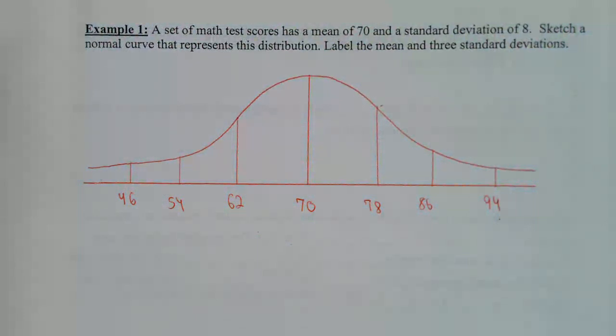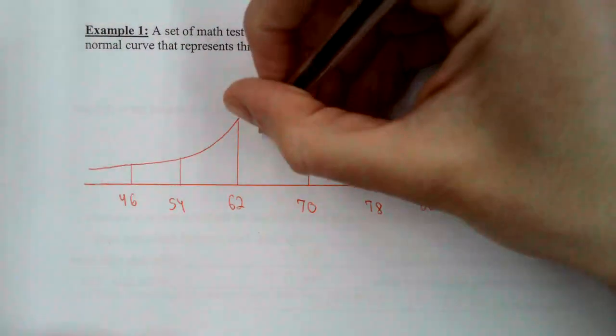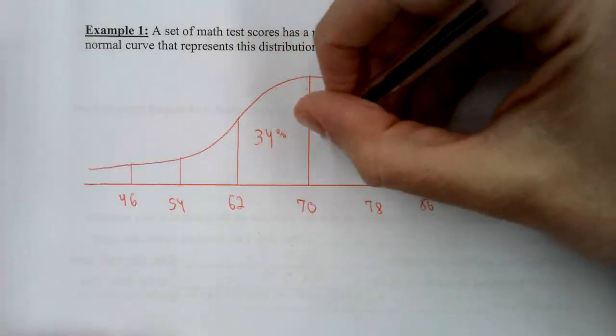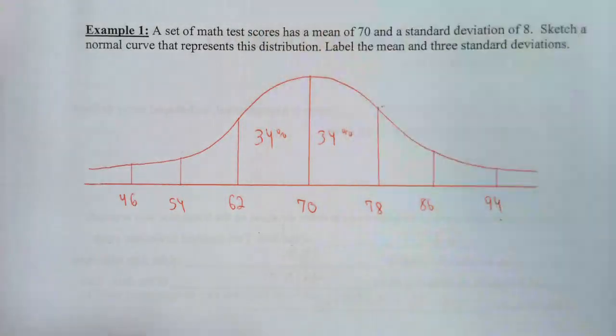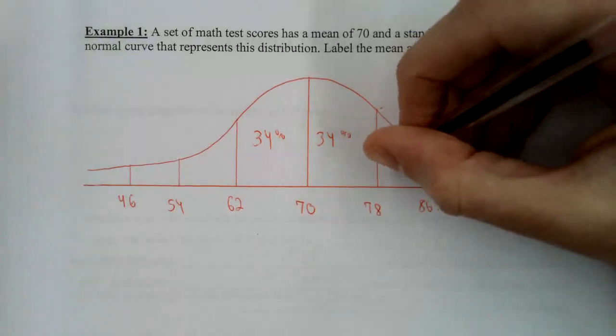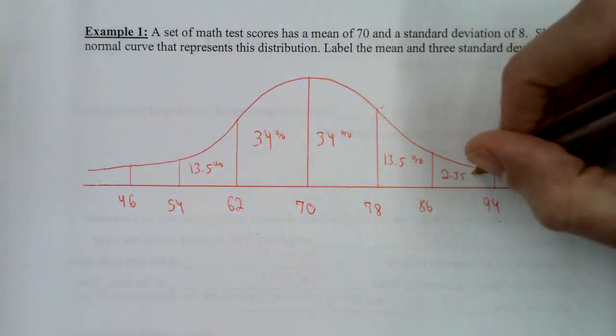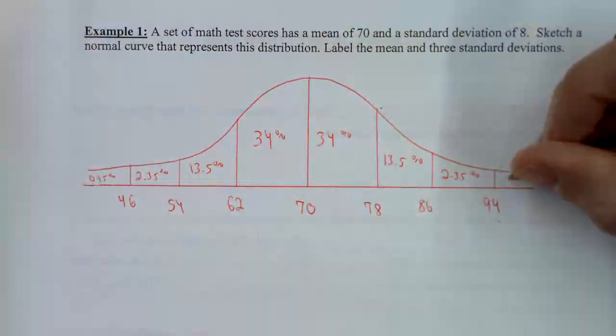What I'm also going to do is label the percentage of each section. So this is 34 and this is 34, and these are numbers you're going to want to memorize. 13.5, 13.5, 2.35, 2.35, 0.15, and 0.15.